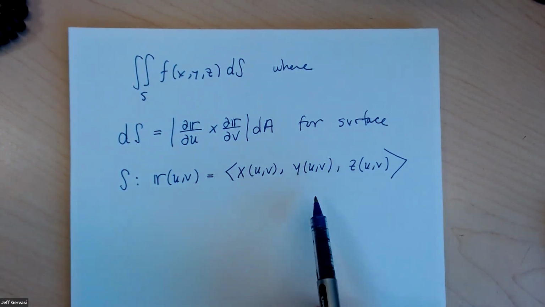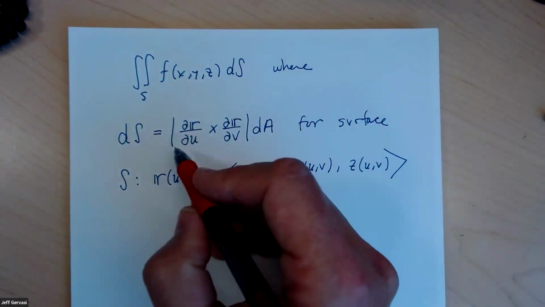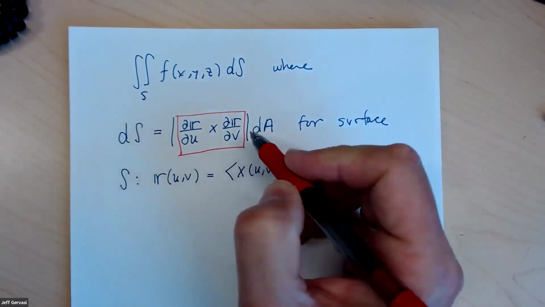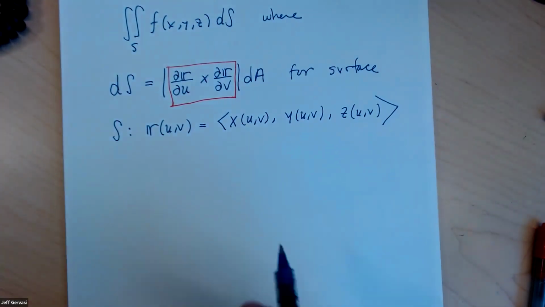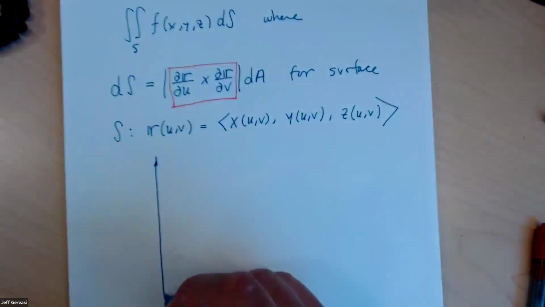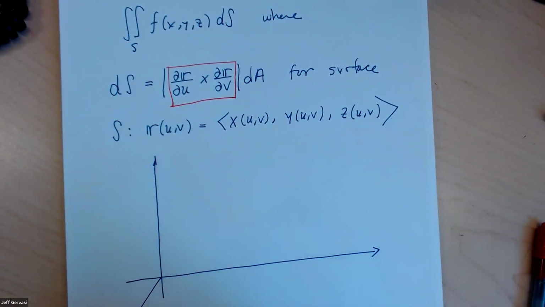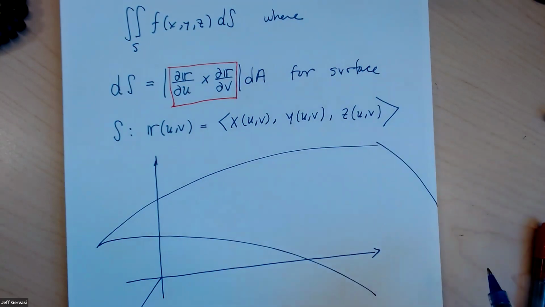So what I wanted to do in this video, very briefly, is just talk a little bit about this cross product right here. Let's consider the surface given parametrically by r of u and v. It's maybe just a big sweeping surface, something like that.